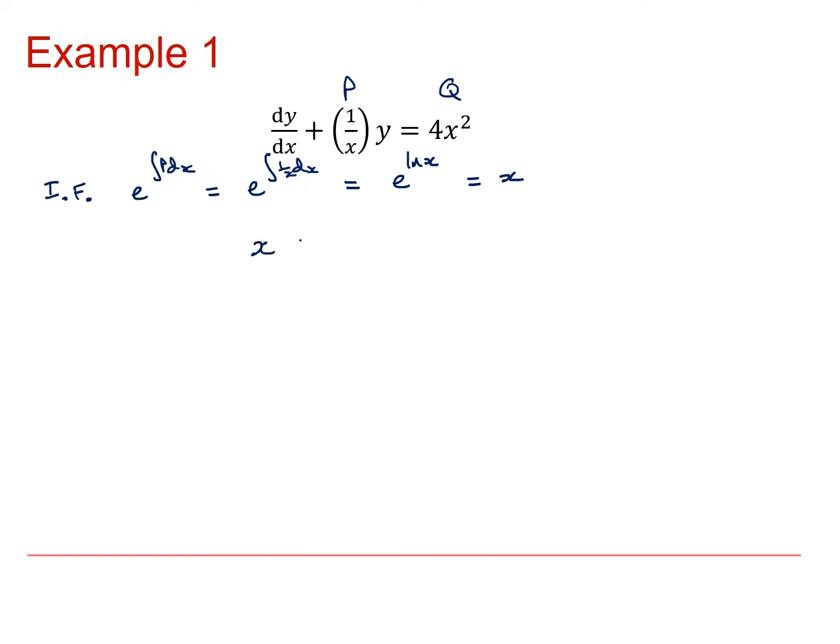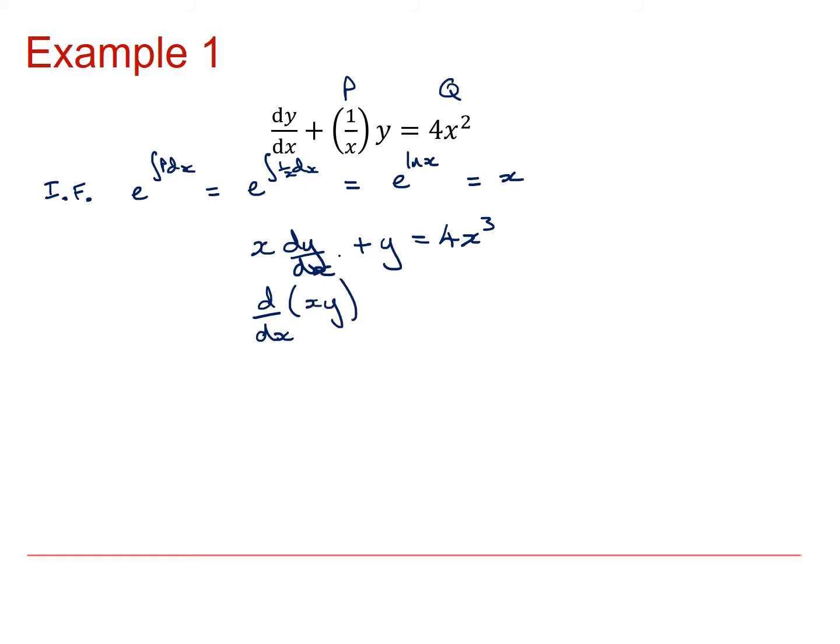So I've got x dy by dx plus y is equal to 4x cubed. The left-hand side I know is now a perfect derivative, so that's d by dx of xy.